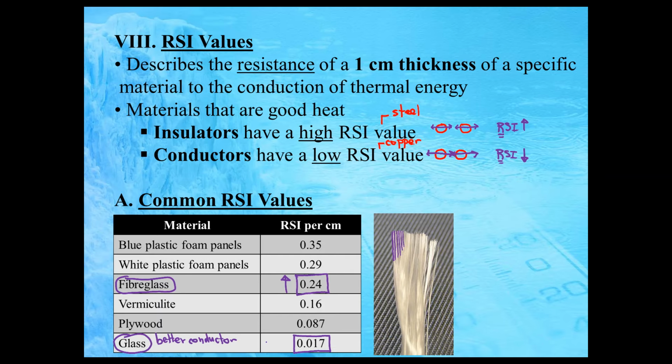It's trying to go to the area where it's cooler, which is the surrounding environment. So thermal energy from your basement is trying to go out into the ground. By putting the fiberglass as a barrier between the two, you're restricting how much of that thermal energy can leave. Now, fiberglass isn't the greatest in terms of restricting the flow of thermal energy.